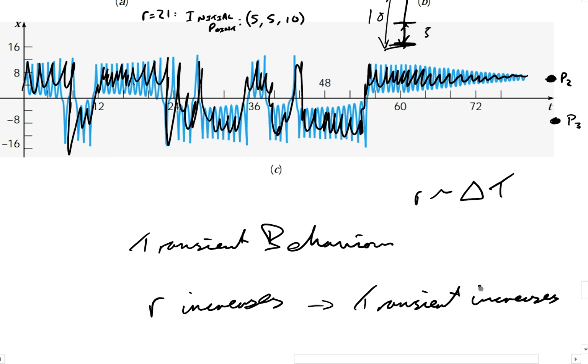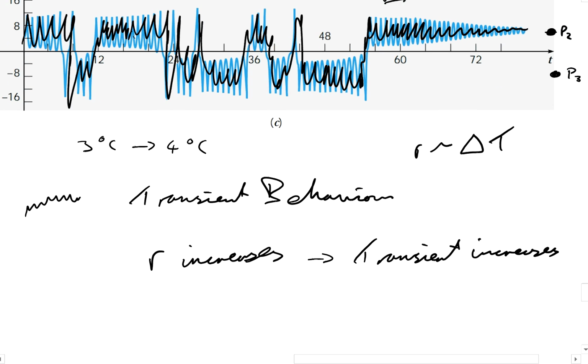For small temperature changes, say for example from 3 degrees C to 4 degrees C, a change of temperature by 1, we expect it to tend towards a value pretty quickly. So it settles down after a little bit of time.